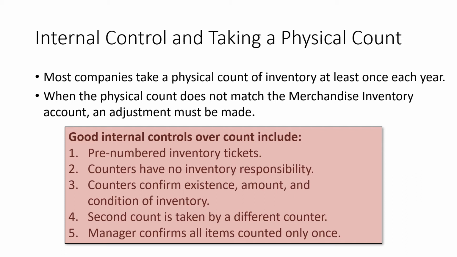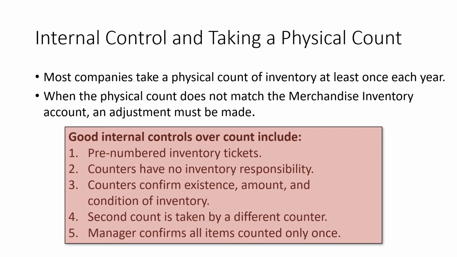So why would there be a difference in the inventory that was actually available at the store versus what is shown on the books? Things like theft, errors, any other types of mistakes that might have come during any of the time during which inventory was recorded, or throughout the period.